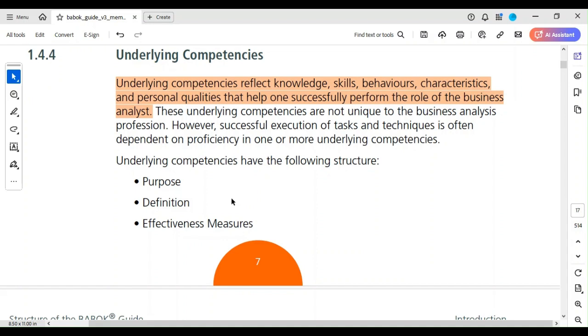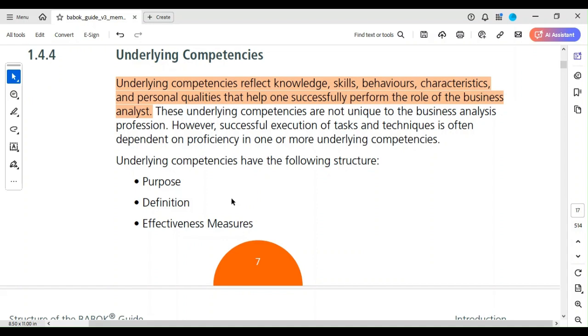These underlying competencies are not unique to the business analysis profession. Even when you go to medical, or engineering, or other fields of profession, you may see these underlying competencies and skills.